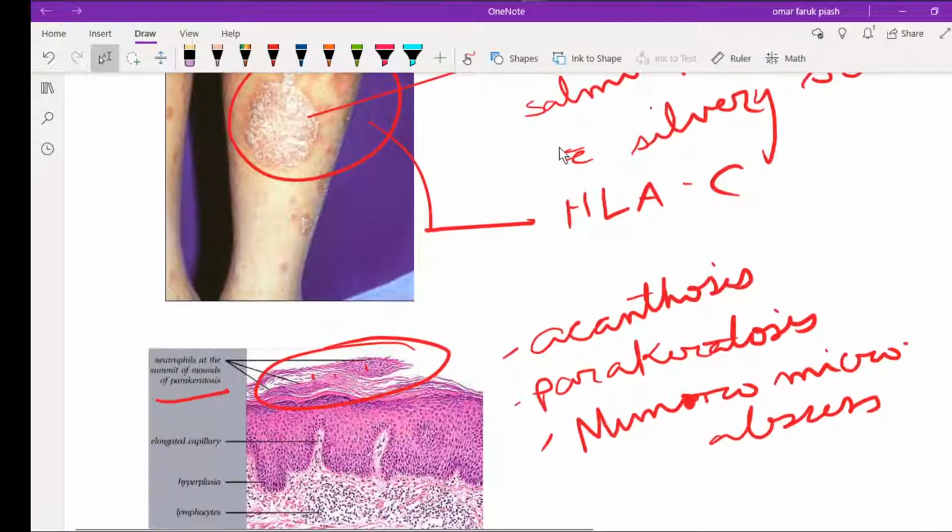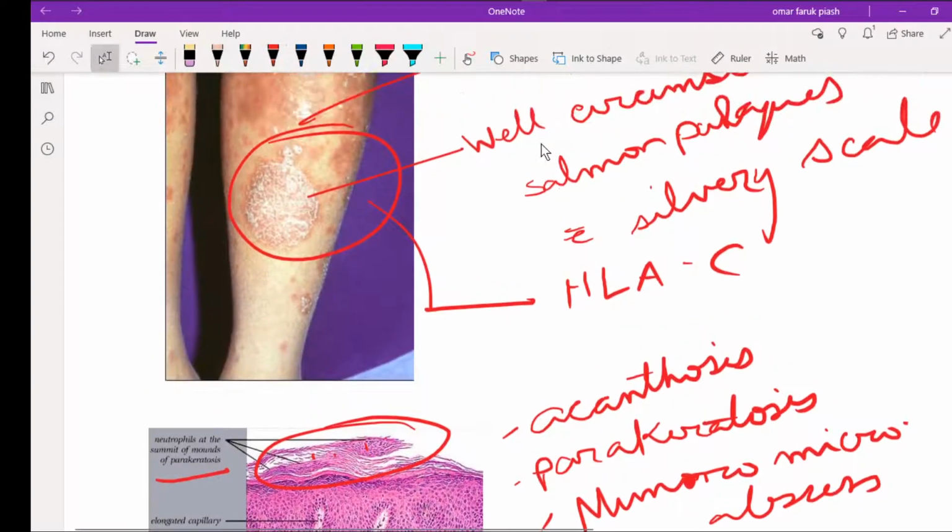you will get a sign called Auspitz sign, that means thinning of the epidermis above the elongated dermal papilla, resulting in bleeding when the scale is picked up. If you just rub here, the underlying skin will come out, because there is thin epidermis, and you will see the bleeding spot underneath it.